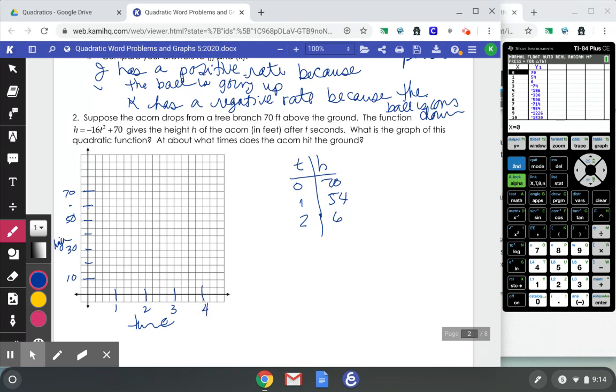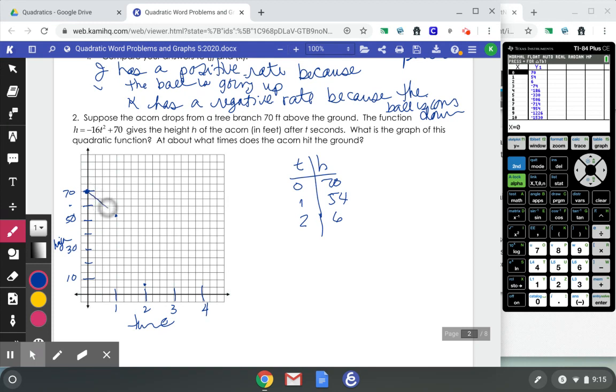I'm going to plot a point at 0, 70, 1, 54, 2, 6, and then 3, it goes into the negatives.